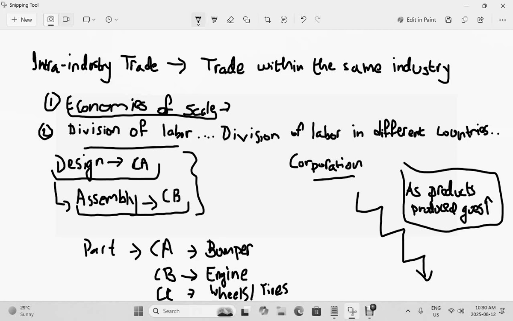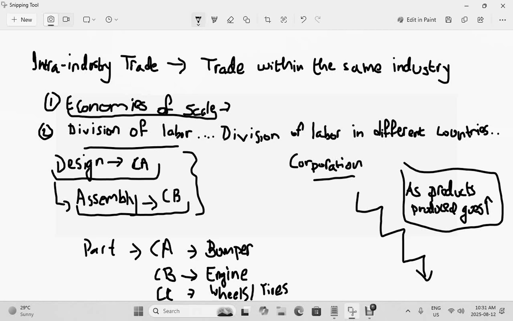Because of division of labor, corporations will invest machinery in different countries based on availability of raw materials, based on availability of natural resources to make those machineries or to make the finished product, and based on availability of labor, depending on how expensive it is for the corporation to hire workers, pay them benefits, wages, salaries, and so on and so forth. So it has to do with economies of scale.